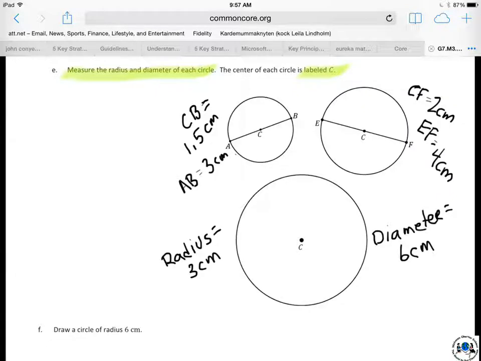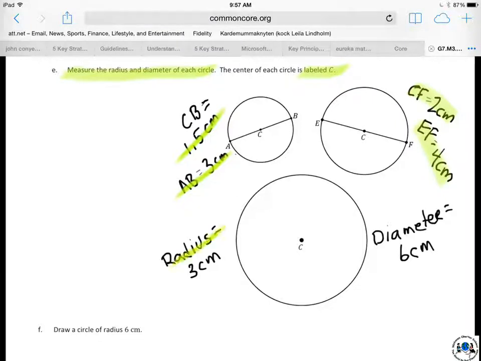Okay, so if you did that, hopefully you came up with some of these measurements, or maybe somewhat close, but the main point is, in every case, a line of radius should be half that of the line of diameter. You can see that happens in all of these.